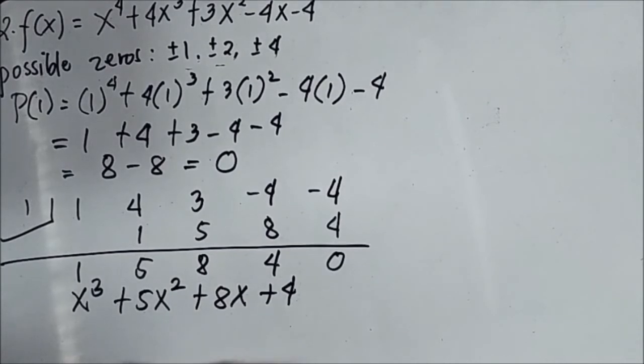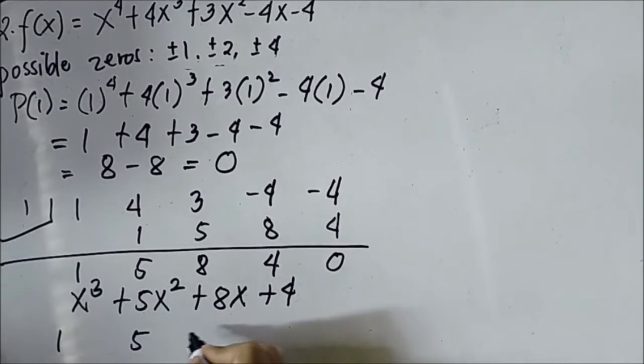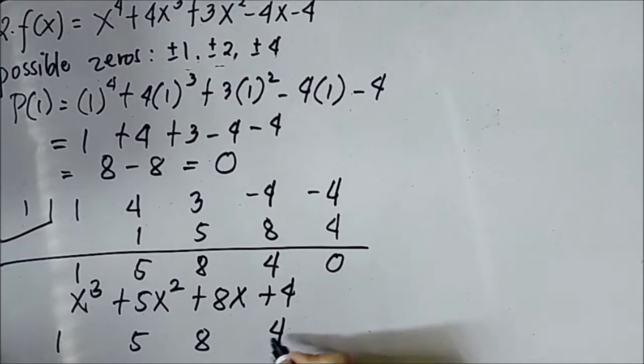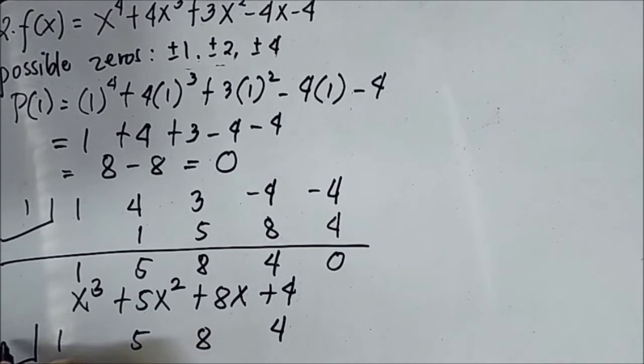Then we also apply synthetic division. So we have 1, 5, 8, and 4. Let's have the divisor, which is negative 1.